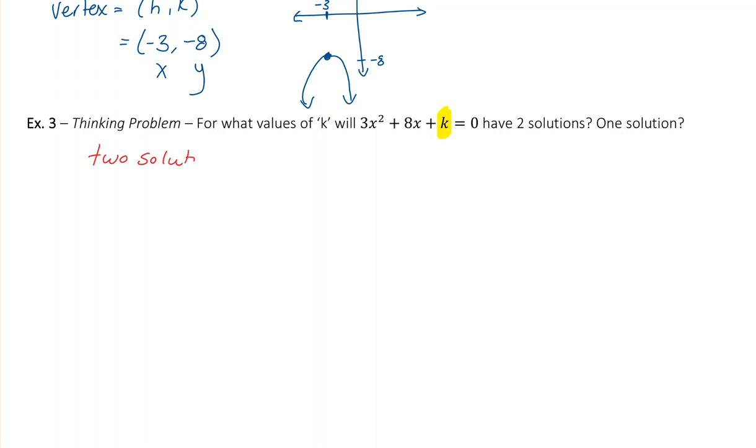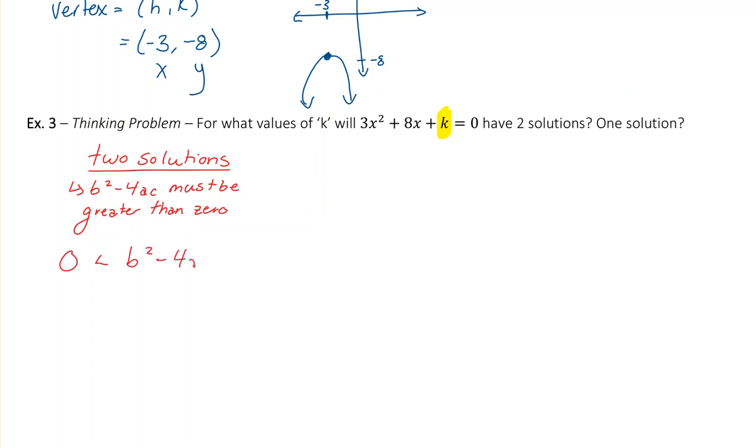if I want this quadratic to have two solutions, remember the discriminant b squared minus 4ac must be greater than 0. That's for two solutions. Well, if I want to write that out using values, I did this up top.